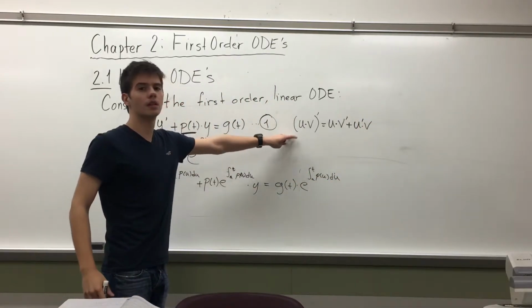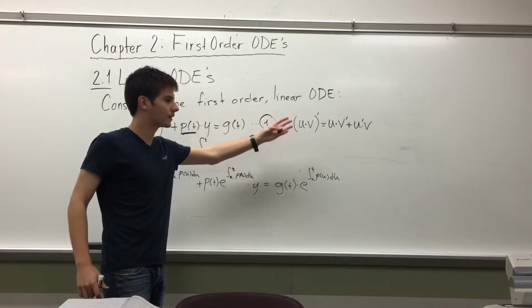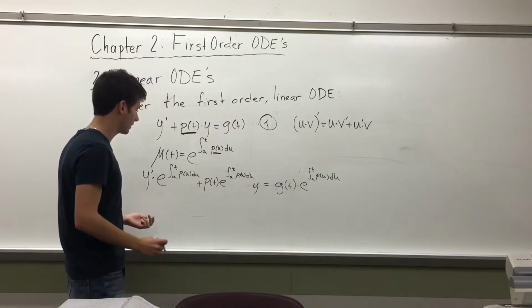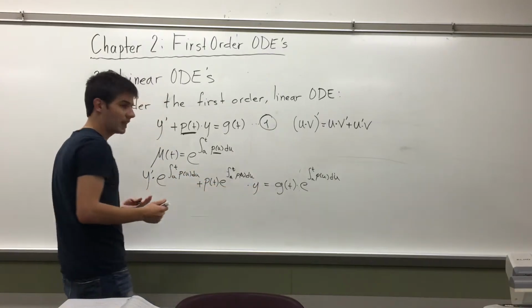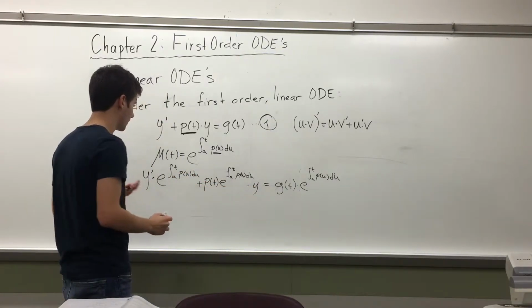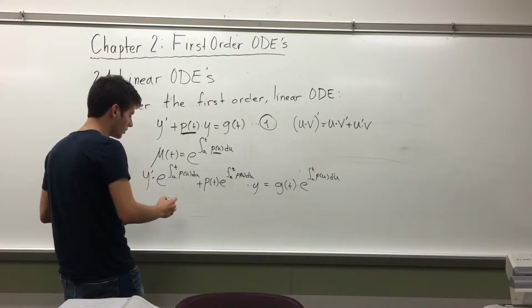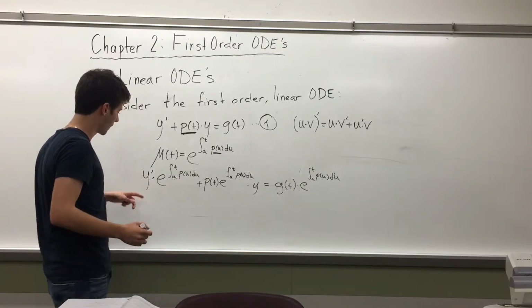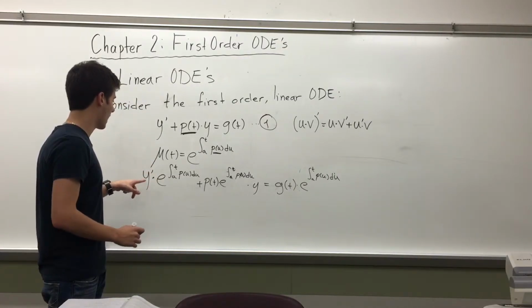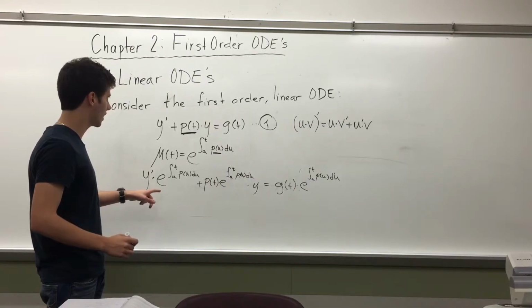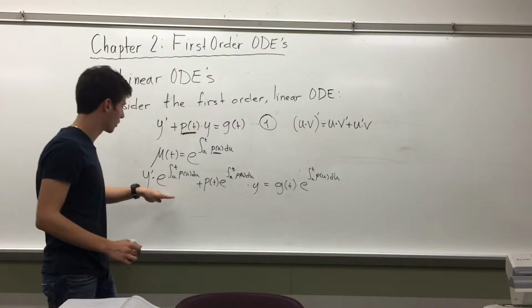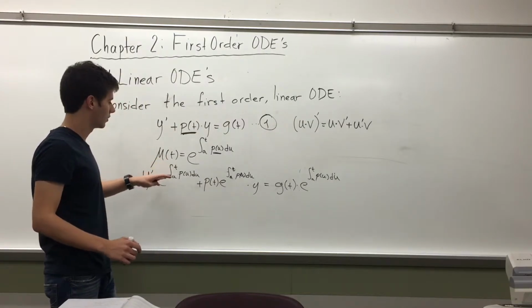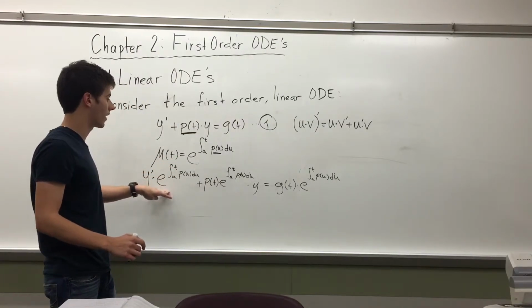This is the product rule that we learned in Calc 1. And he saw that the left side of the equation can be written as a product rule. So see if you can follow with me. If you differentiate y, we're going to have y prime, and we're going to keep the integrating factor.